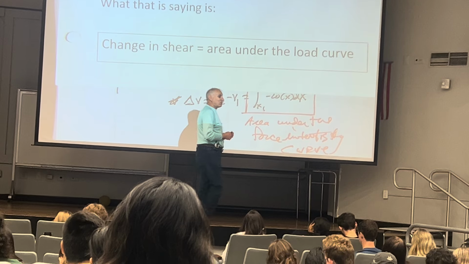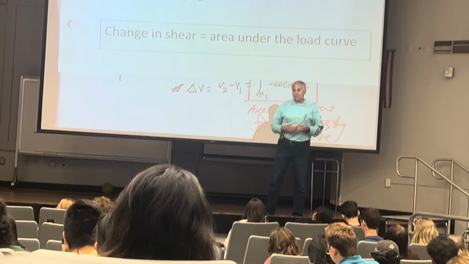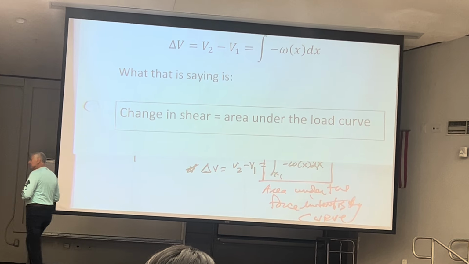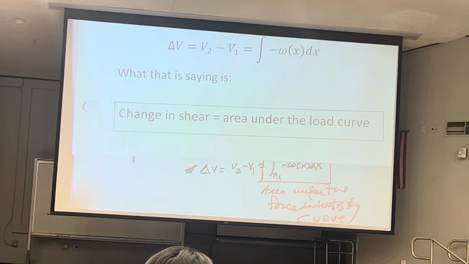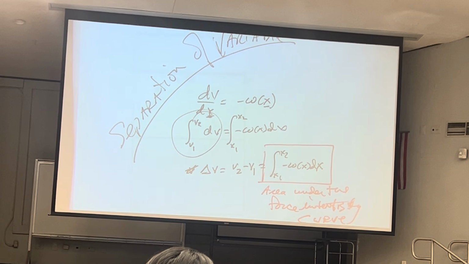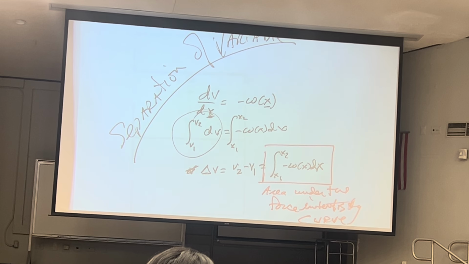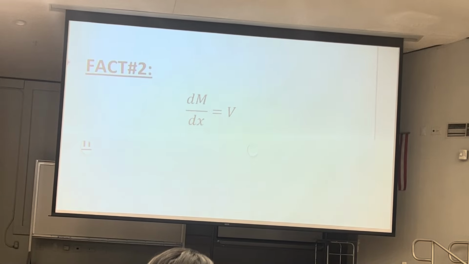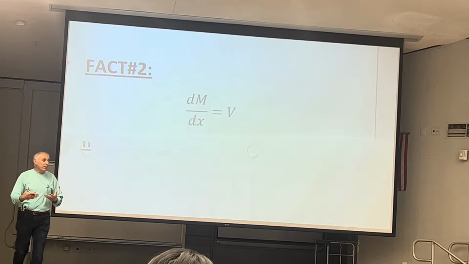I like that. That's useful. Stick with me here. Fact number 2 is going to come in and say the following. dM/dx equals V. Again, interpret.